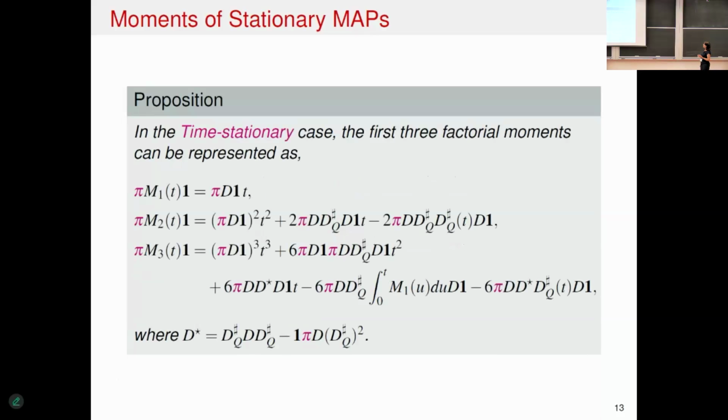I wanted to compare the factorial moments of the time stationary case for different Markovian arrival processes, so I needed to find at least the first 3. The first 2 you can find in Asmussen's book and some other papers, but the third one is new, which we found in terms of the deviation matrix.